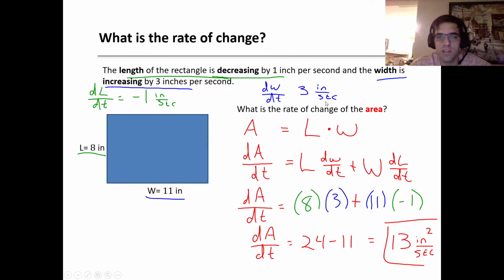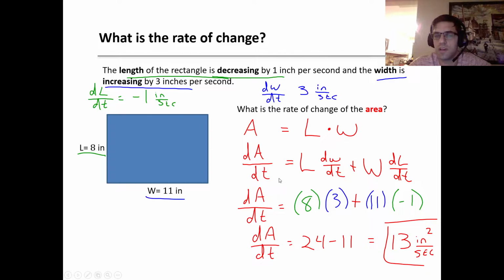And so, rate of change is a derivative question. We're saying, what is the derivative of the area? Area of a rectangle is length times width. The derivative of the area with respect to time, we'd be taking the derivative of L times W with respect to t.